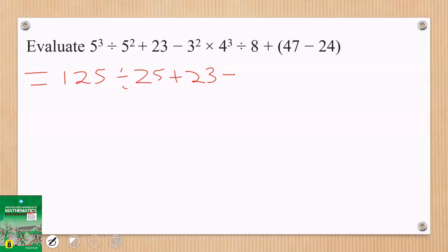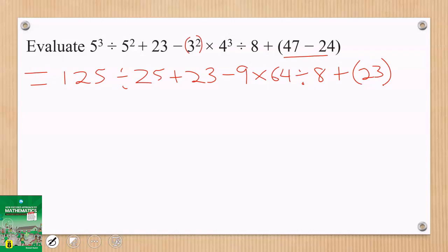The minus is there separated from this, and so we can call that 9 and keep the minus there, times 4 to the power 3 is 64 divided by 8 plus into bracket. Now when you do this one, that is 47 minus 24 will give us 23. Okay, now we are done with exponent and bracket.